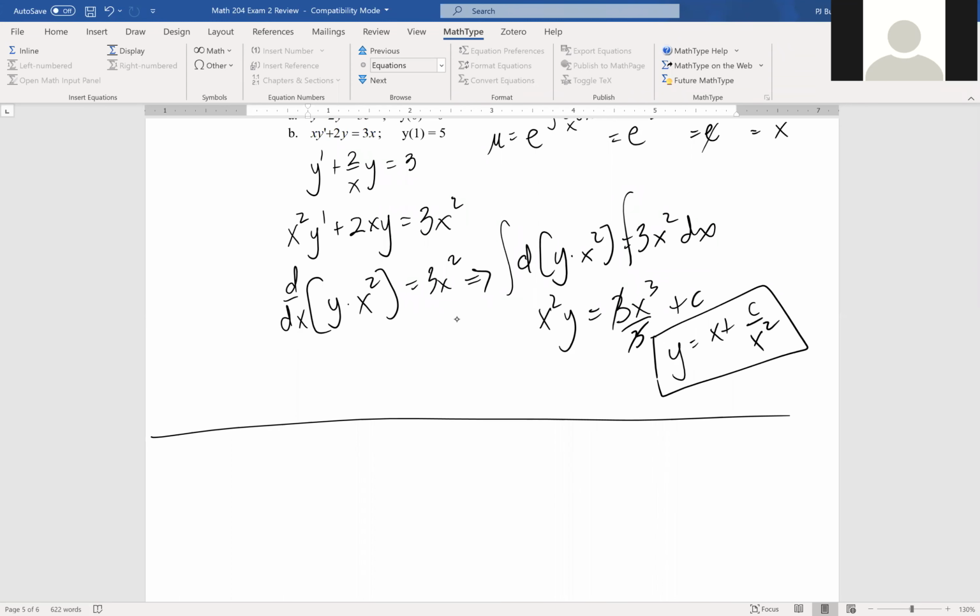If you want to do separation of variables, I think this one's going to work, right?